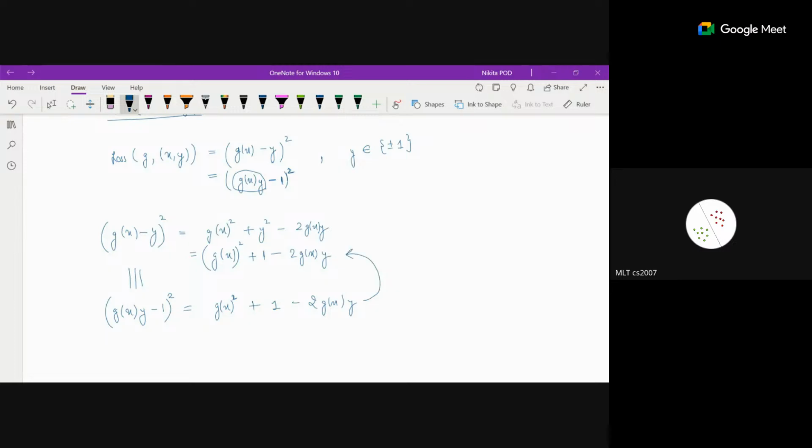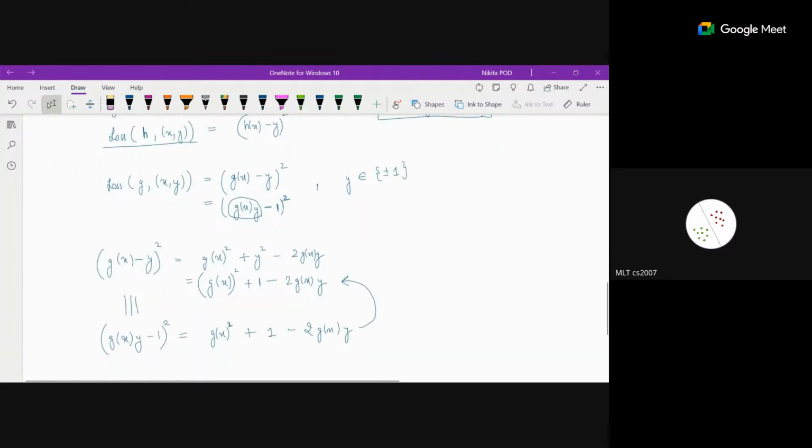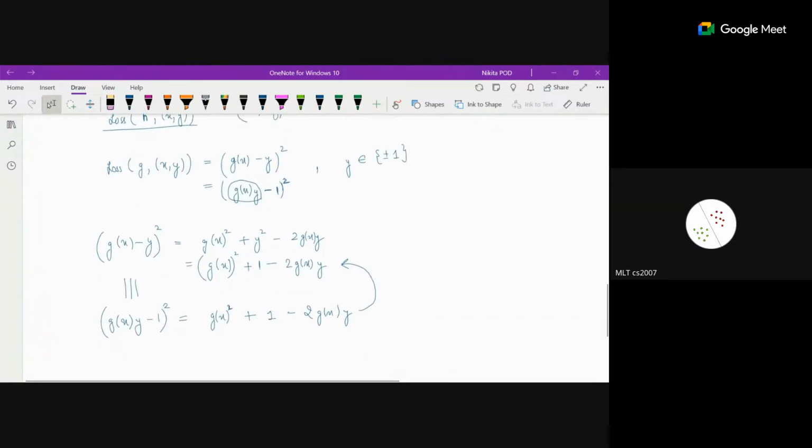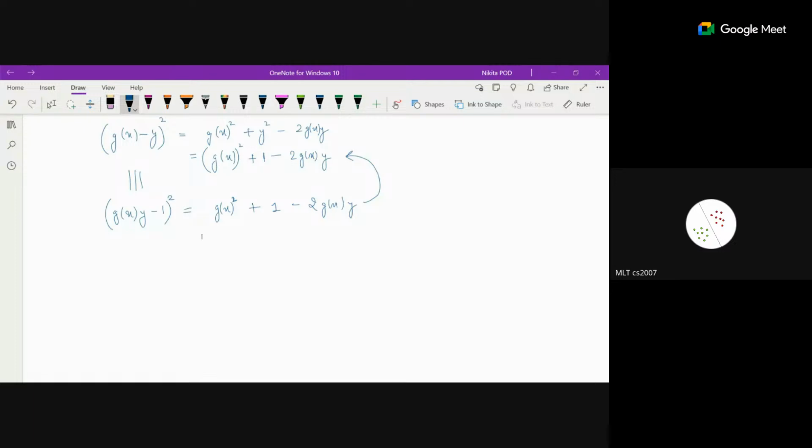Since we saw that g of x minus y whole square can be written as g of x times y minus 1 whole square, we will now plot the loss of this regression problem and see how it varies compared to the 0 1 loss that we have seen. We can plot against g of x times y, and this is my loss. This was our original loss, my 0 1 loss.